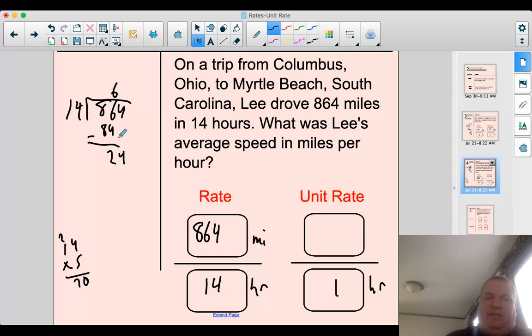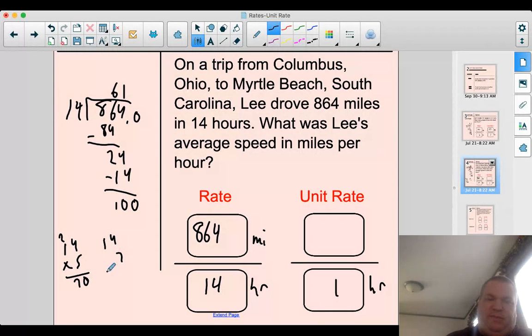Okay, now 14 goes into 24 one time. 1 times 14 is 14. Subtract, I get 10. Okay, and I can keep going. Remember what we do with decimal division here. I can add a 0 and bring it down. 14 into 100. You might guess maybe 7.